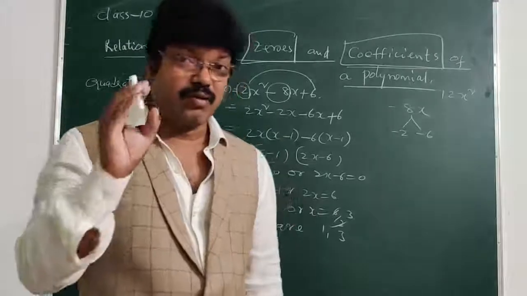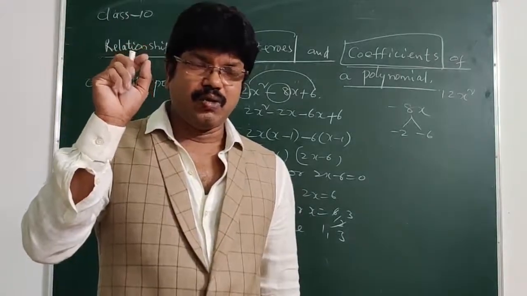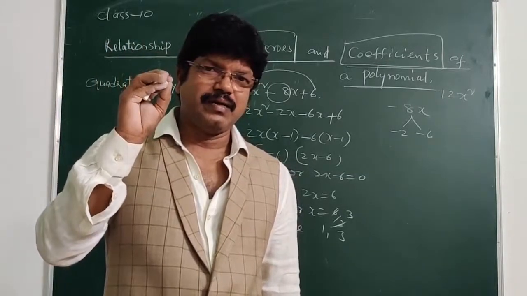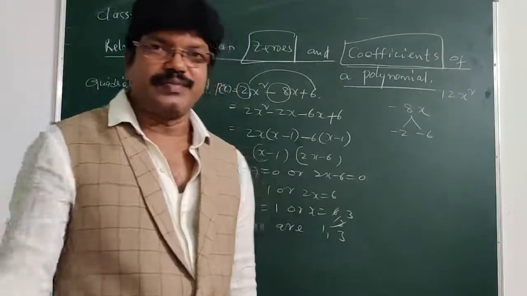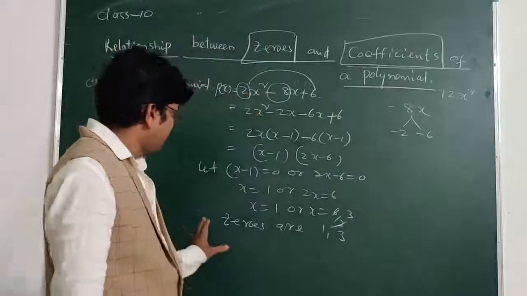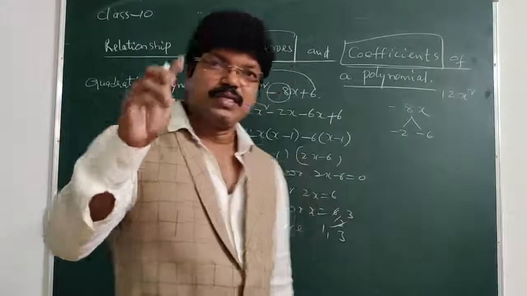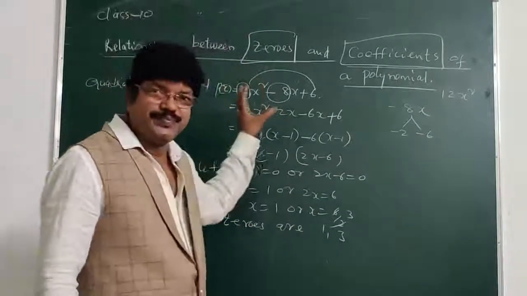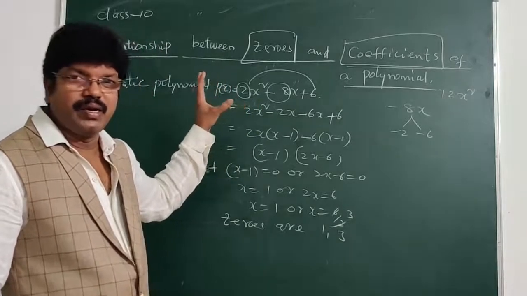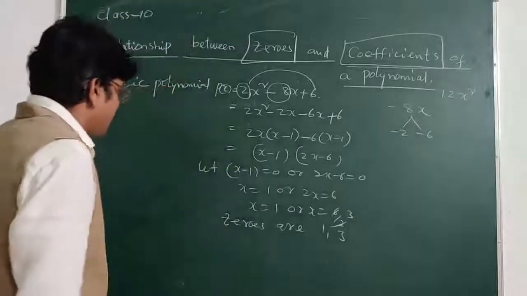If you listen to the word coefficient, immediately you can understand its place and what a coefficient is. Like that, save it in your brain. If you listen to the word zeros, immediately you recall what zeros are.